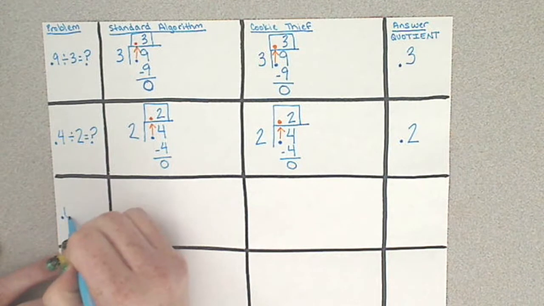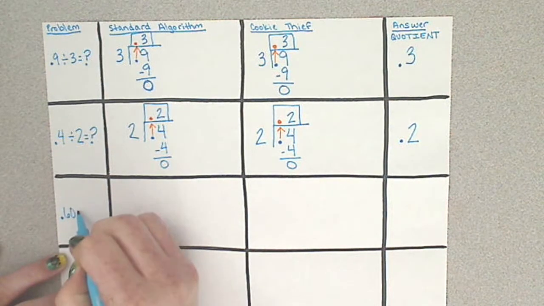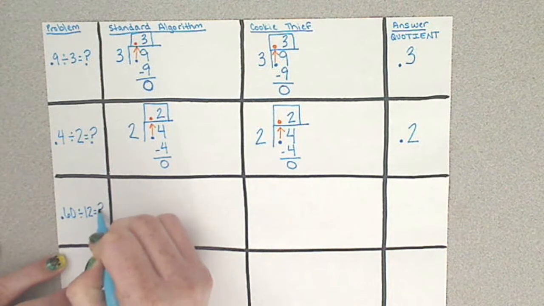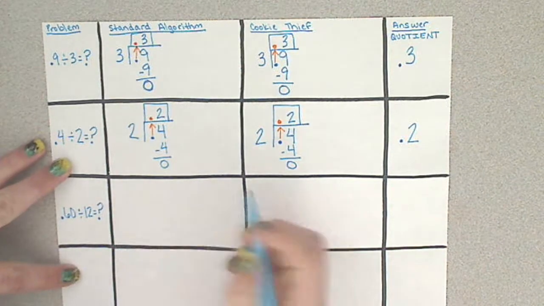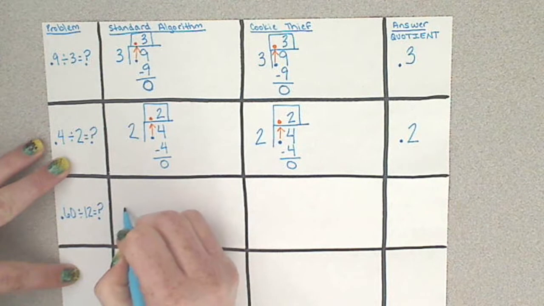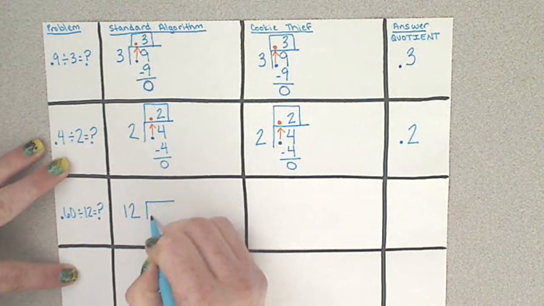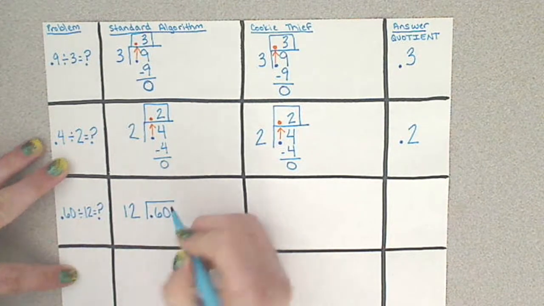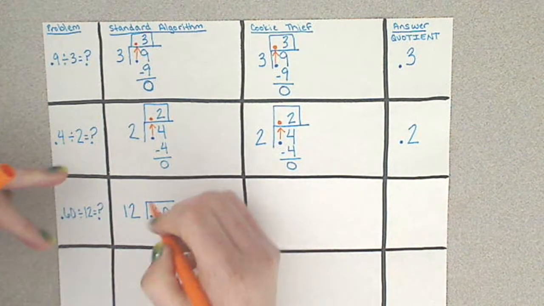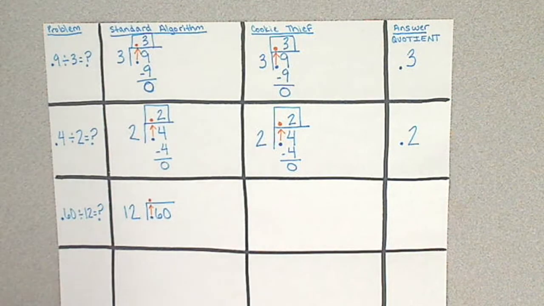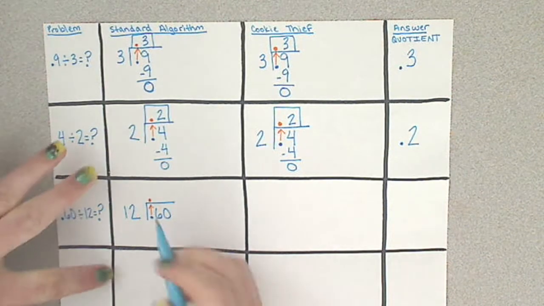Now let's take a look at something that's going to be a little more difficult. We're going to divide 60 hundredths divided by 12. First of all, using standard algorithm, my divisor goes on the outside, my dividend goes on the inside, and just like before, my decimal gets dragged up and I leave it alone.